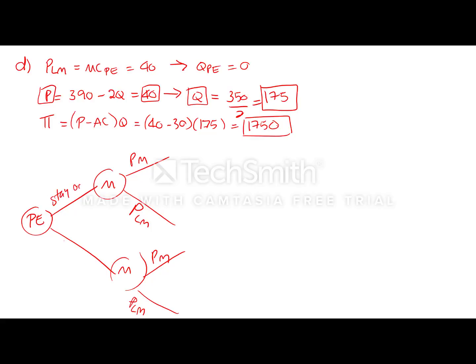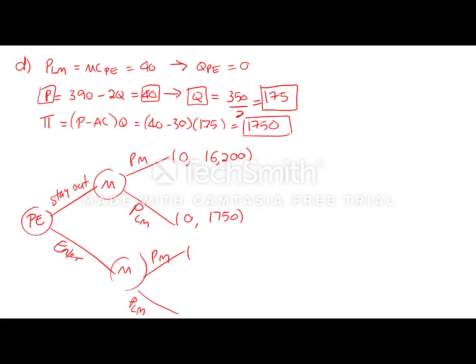This is the first case that we solved in part A. The monopolist charges the monopoly price, the entrant doesn't enter, so that's the first scenario. And then if it uses limit pricing, the entrant will not enter, but the monopolist profit suffers, goes all the way down to 1750.